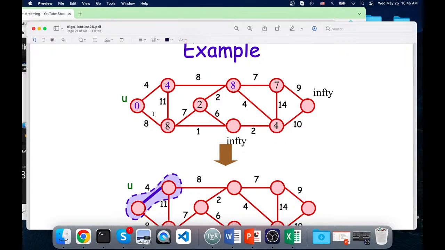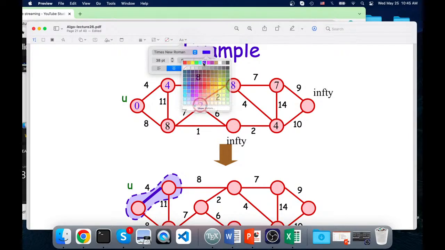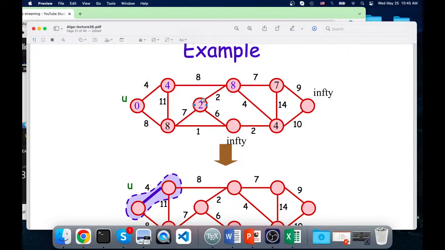And now, all the blue nodes we do not need to consider, but then we look at all the black ones. So the black one, we will pick the one that has the minimum value because it has the minimum way to connect to the source node here. So this 2 is now the smallest one, so we will include this 2 into the spanning tree. And by including this 2, we can now look at the edge joined by 2, so that suddenly this is now no longer 8.